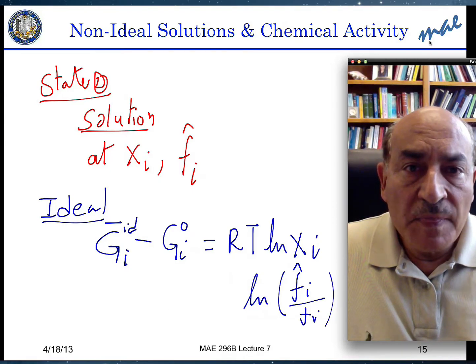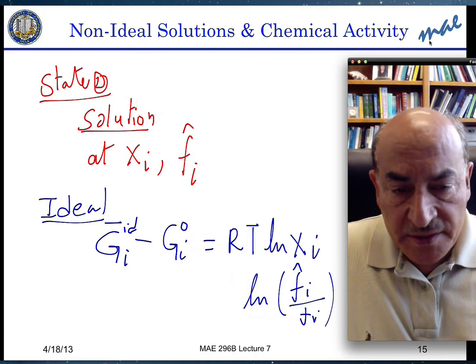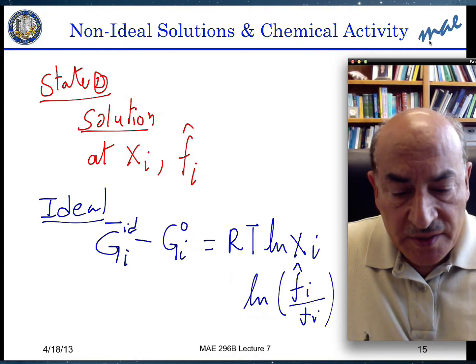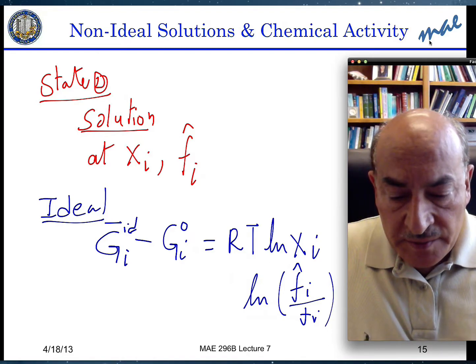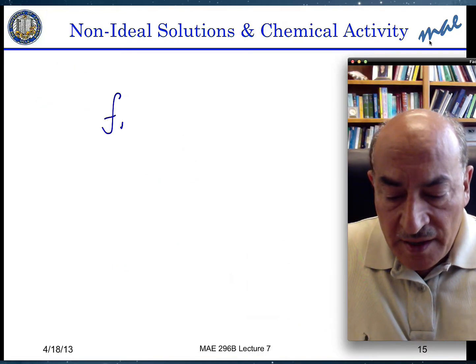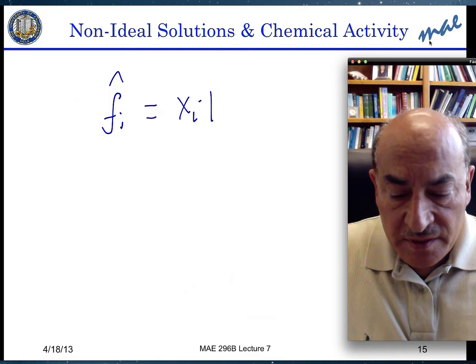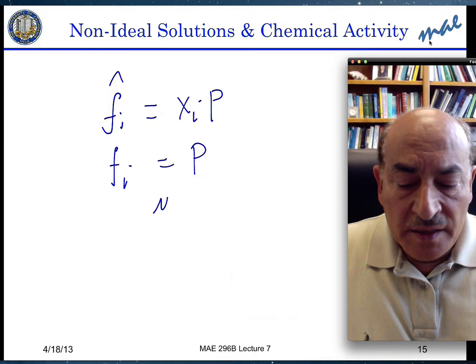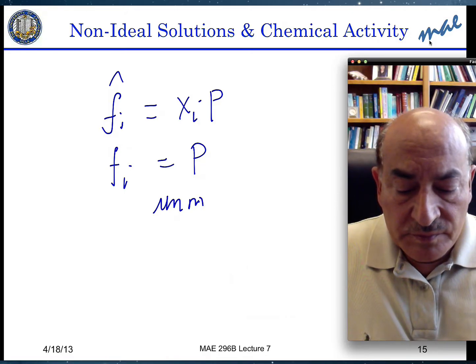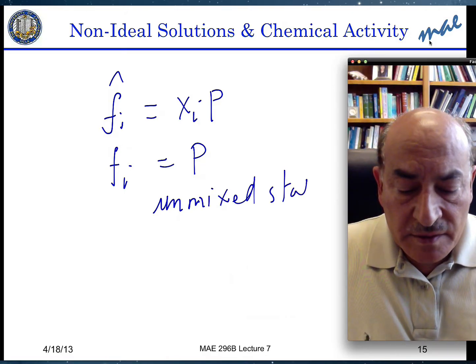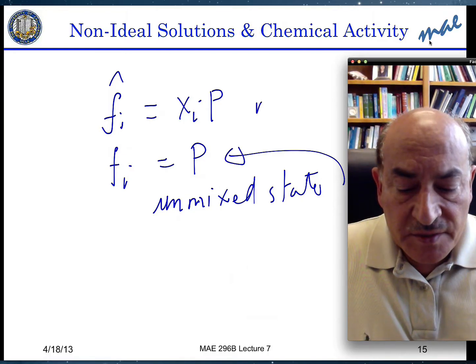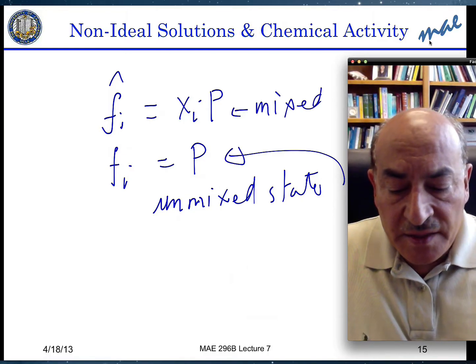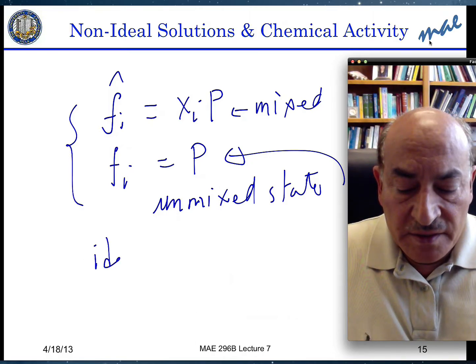But we know that, let me clear the page, we know that fi hat is equal to xi p and fi is equal to p for the unmixed state, which is right here, and this is the mixed state, which is right here, and these conditions apply for the ideal system.